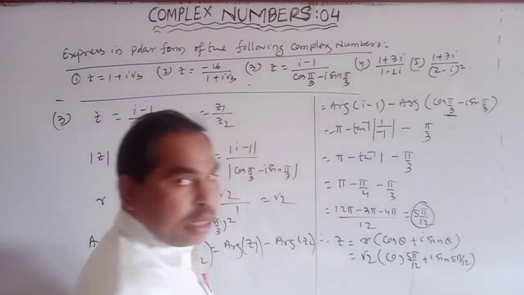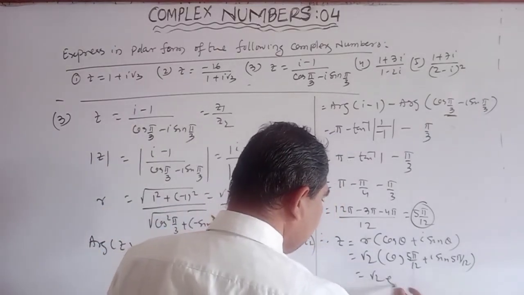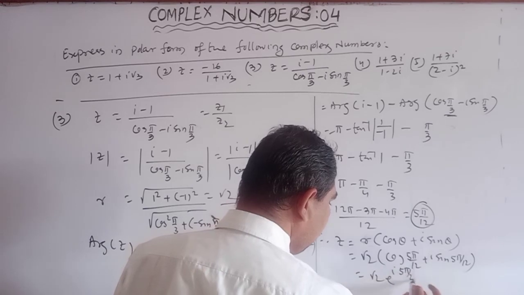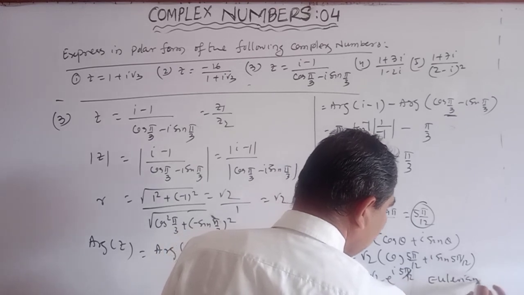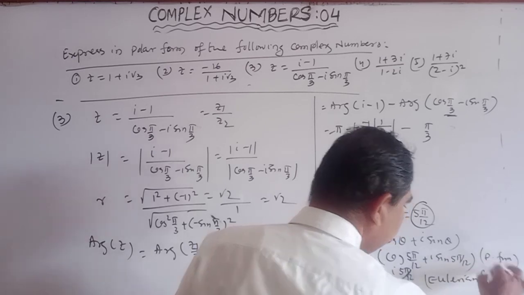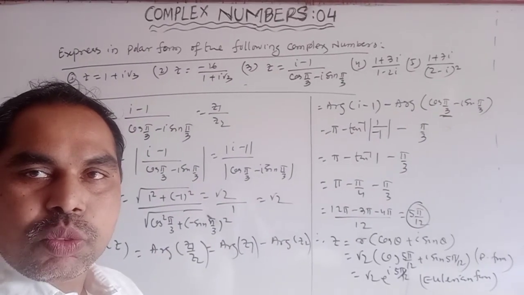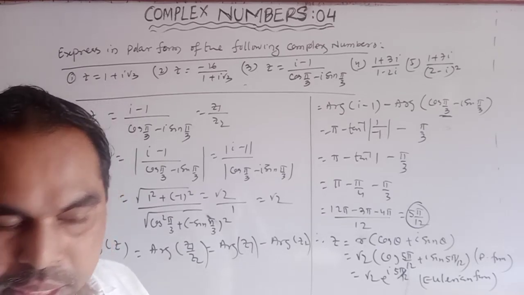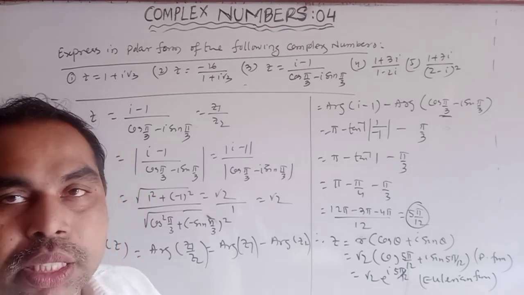This is in polar form. It is equal to root 2 into e to power i 5 pi by 12, which is in Eulerian form. One is polar form and another one is Eulerian form. In the next class we shall do other problems of complex numbers.